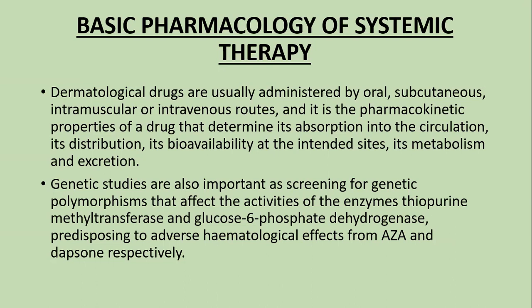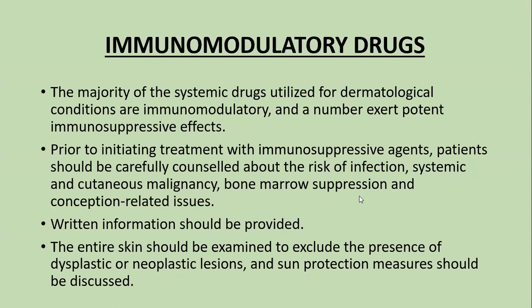Genetic studies are sometimes also important, as screening of genetic polymorphism that affects the activities of enzymes like thiopurine methyltransferase and glucose-6-phosphate dehydrogenase (G6PD) predisposes to adverse hematological effects from azathioprine and dapsone, respectively.